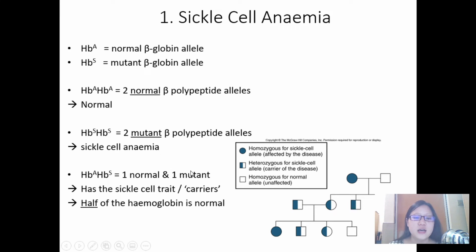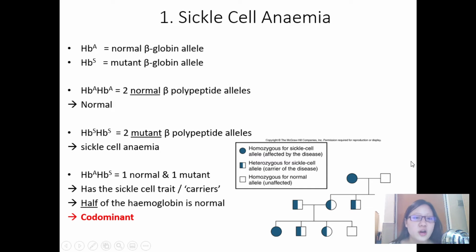This is because both these alleles are codominant, so the carriers have the sickle cell trait, but again, doesn't have the disease exactly. Very interesting. So you can see a little pedigree diagram here. Okay, this is codominant, and this gene is on an autosome.